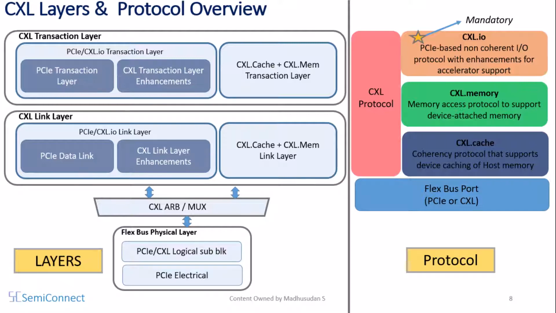And CXL.cache is for coherency; it supports device caching of host memory. If the device wants to cache the host memory, then that CXL device has to implement the CXL.cache protocol. So CXL.io, memory, and cache are the three CXL protocols that are defined.